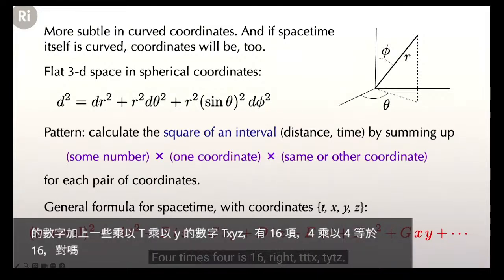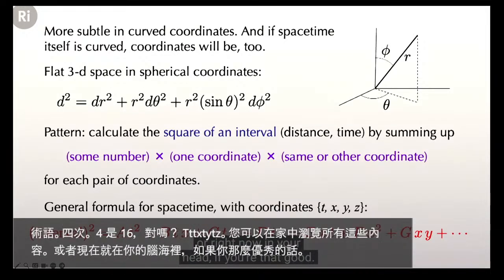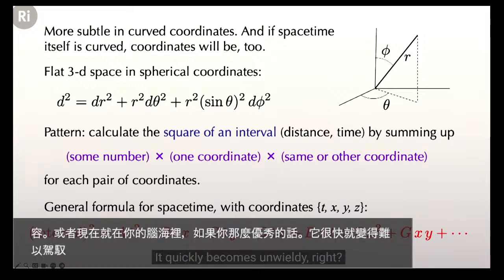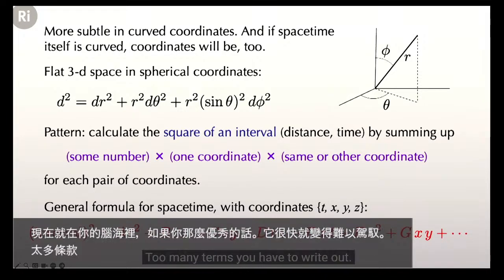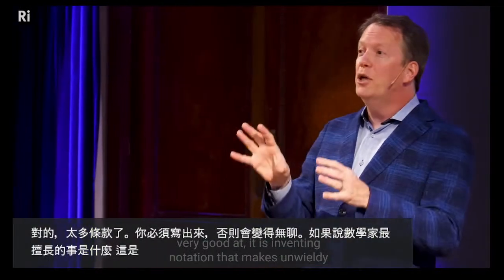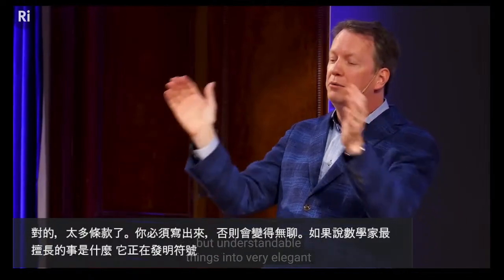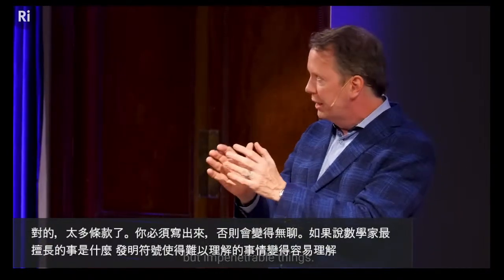T, tx, ty, tz. You can go through them all at home, or right now, in your head, if you're that good. It quickly becomes unwieldy, right? Too many terms you have to write out, it becomes boring. If there's one thing that mathematicians are very, very good at, it is inventing notation that makes unwieldy but understandable things into very elegant but impenetrable things.